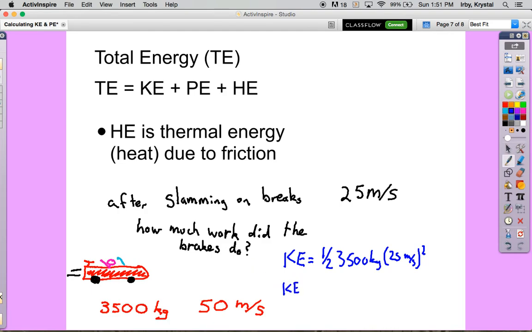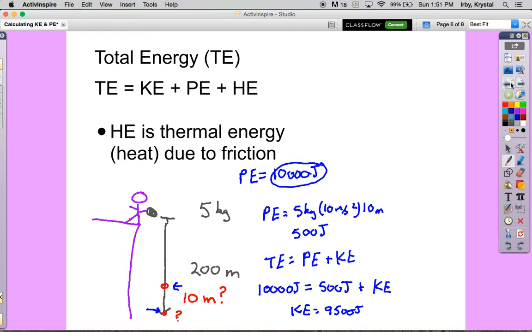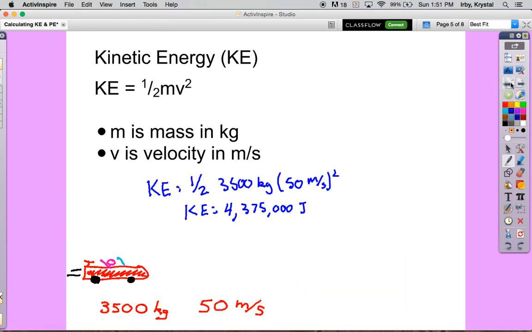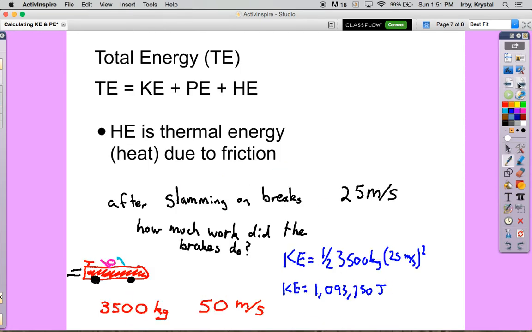Kinetic energy is equal to 1,093,750 joules. This is a 7. So how much work did the brakes do? Well, I would have to take that original value of, gosh, what was it? 4,375,000.